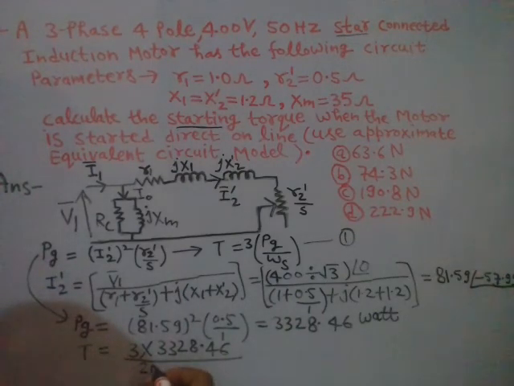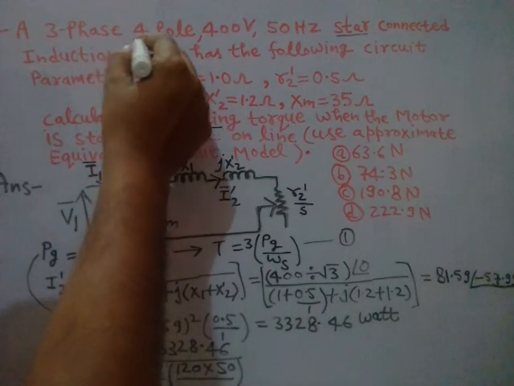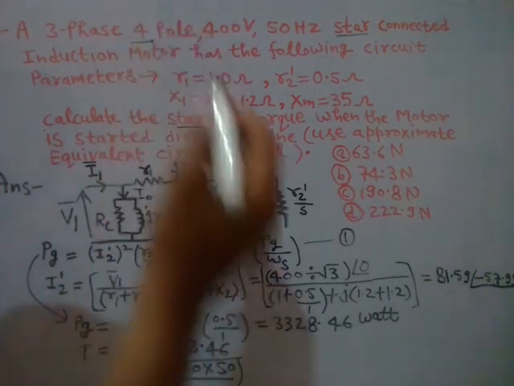And Ns is nothing but 120 f by p. So 120 into frequency 50 hertz, divided by the number of poles. The number of poles is 4, there are 4 poles in the motor, right?